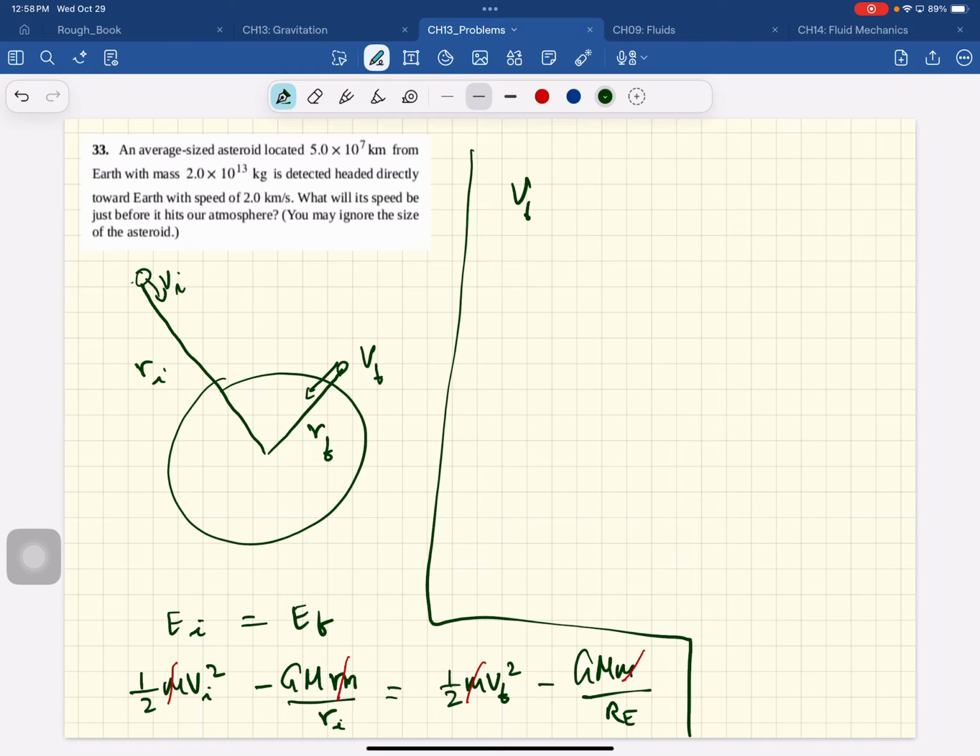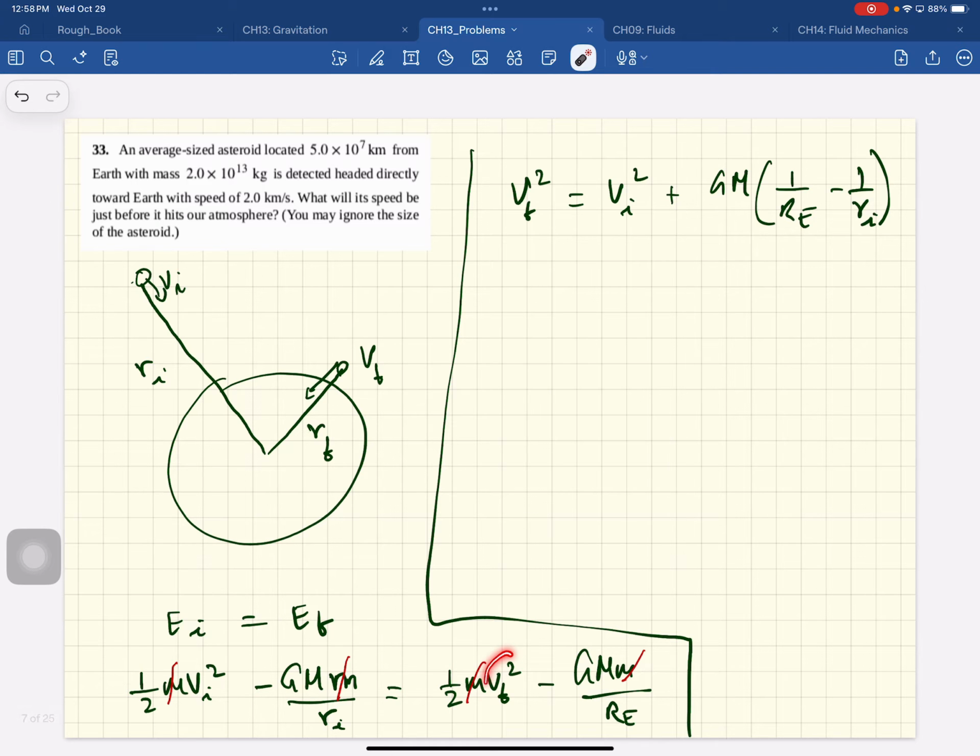So you can see that the final velocity, I'm going to do it in one step. Final velocity square is initial velocity square plus GM, all right, so this times 2. Okay, I multiplied the whole thing by 2, so you get 2 and 2 here.